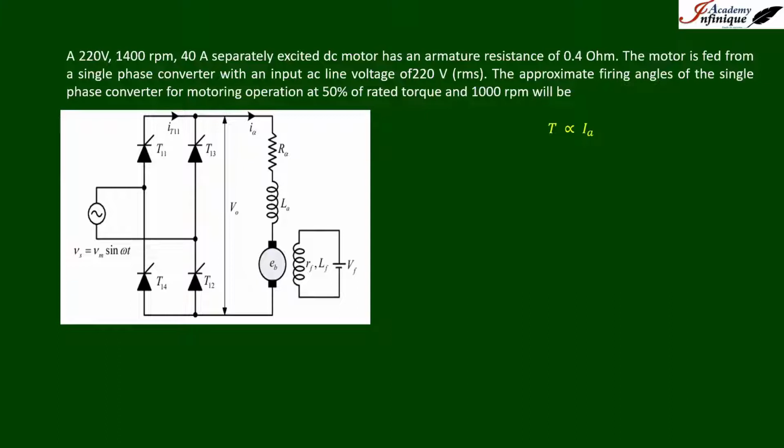So in this case there are two types of problem. First, it is required to find out the load requirement in terms of voltage, and then it is required to match with the output of the single phase converter so that it can operate the load as required.